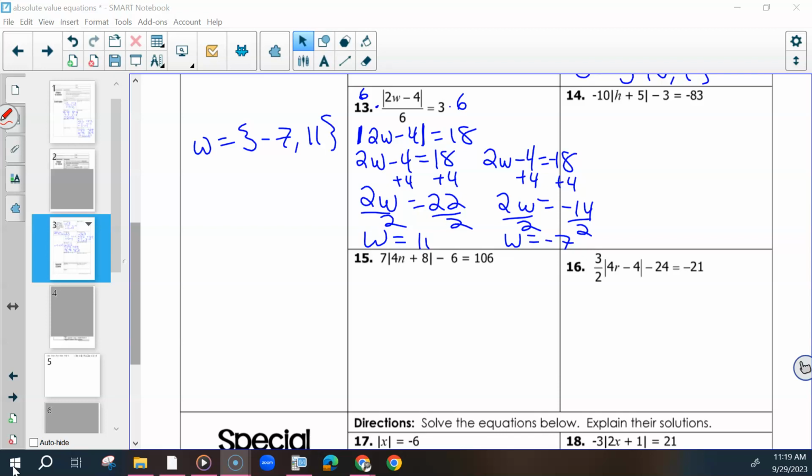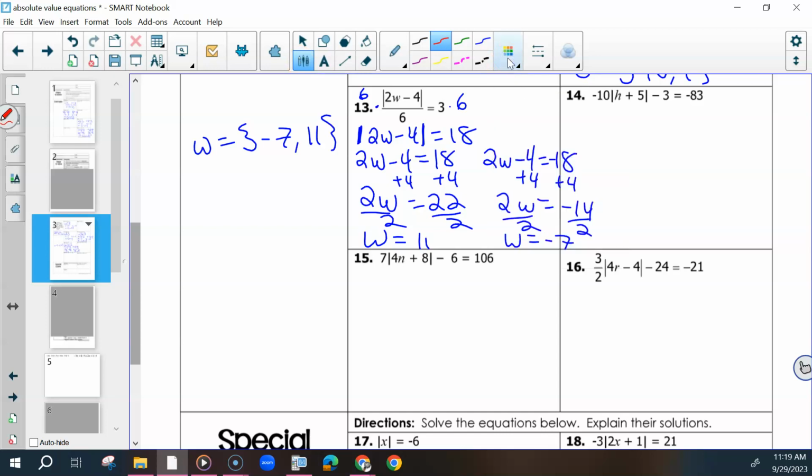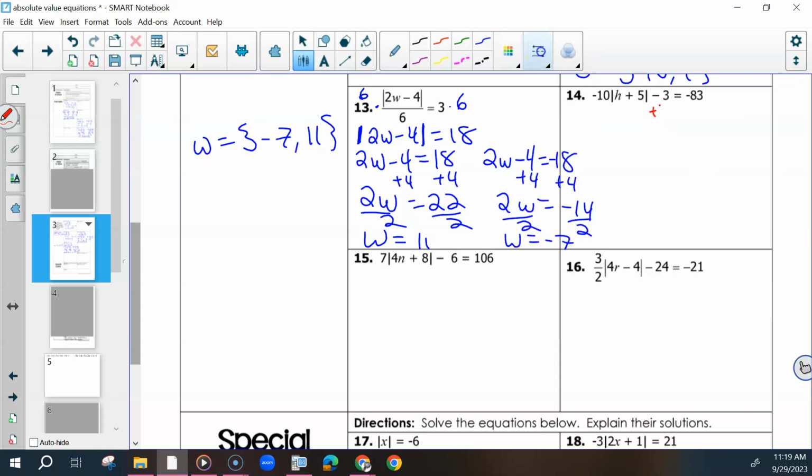Number 14. What would be our first step? To add 10. No, not add 10, sorry. Because this is multiplying, we divide by it. If we divided by 10, we'd have to divide everything by 10, so that this and this would end up becoming fractions. So that would not be a good first step. So add 3. And then divide by negative 2, yes.